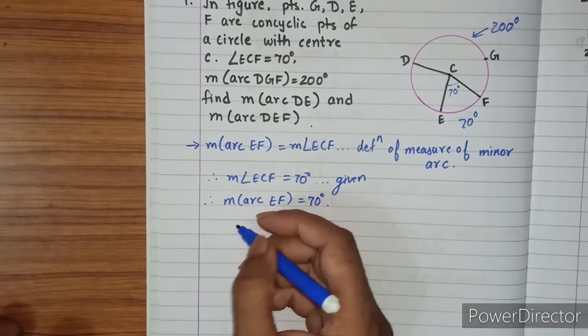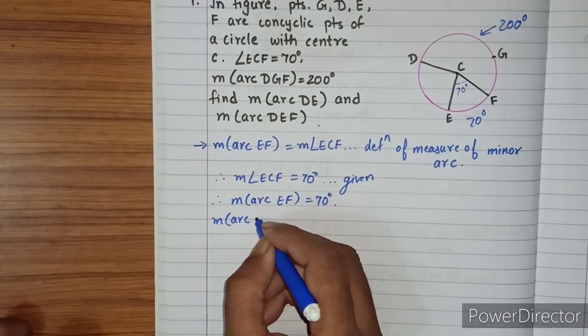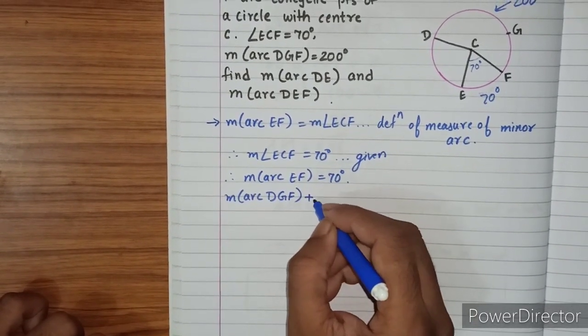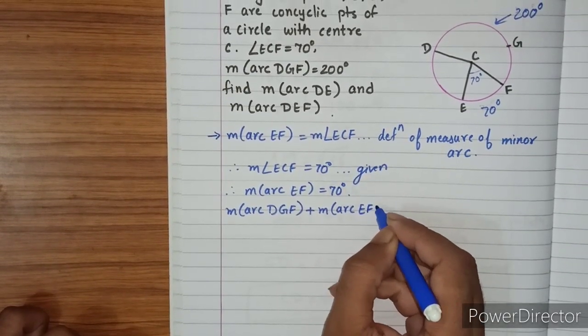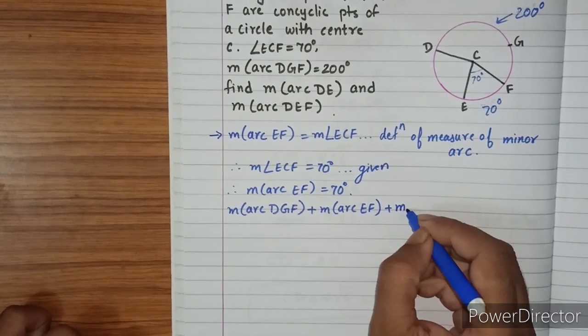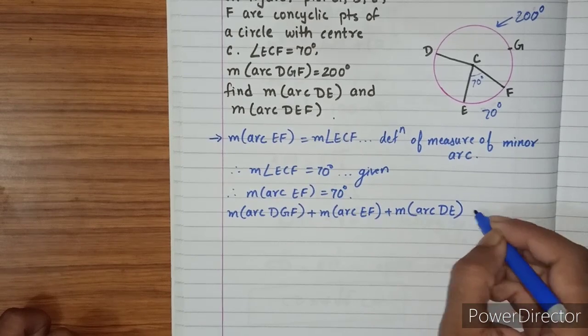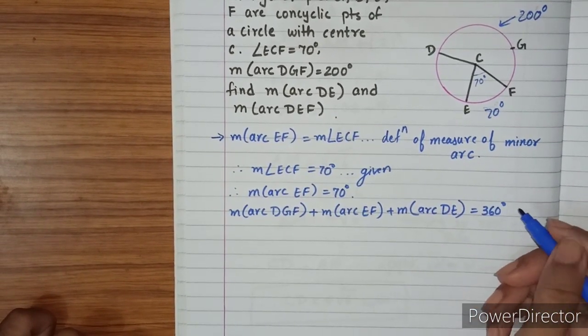Okay. Now, measure of arc DGF plus measure of arc EF plus measure of arc DE is equal to 360. Okay.